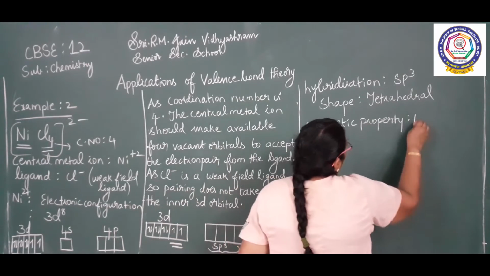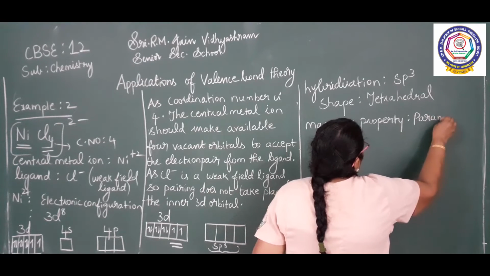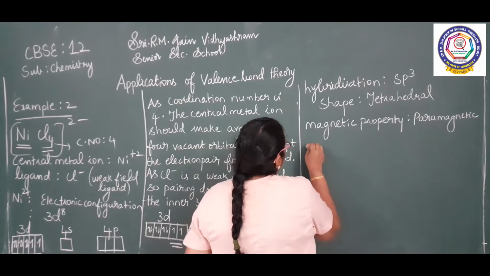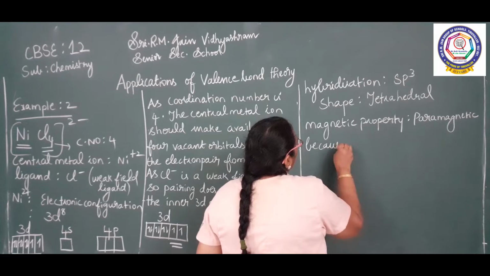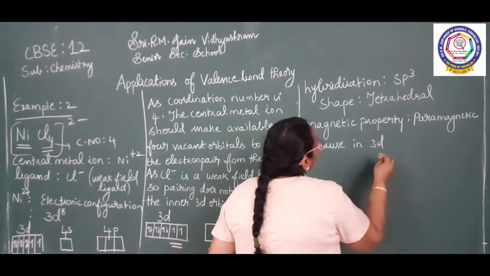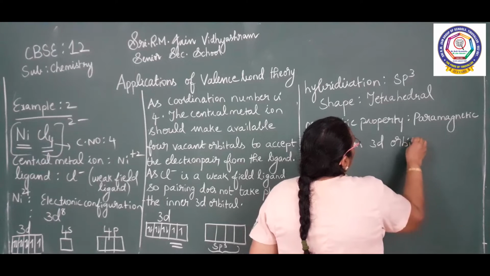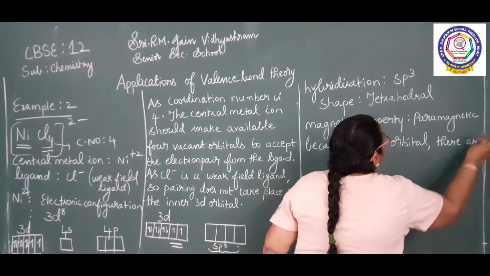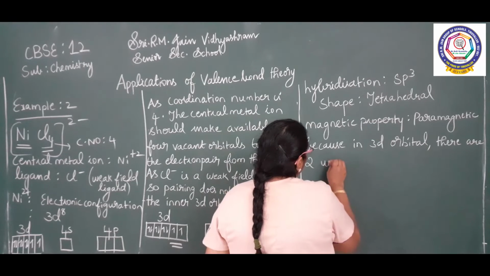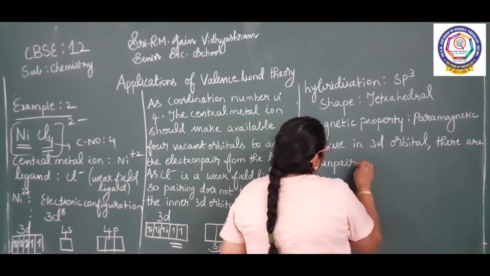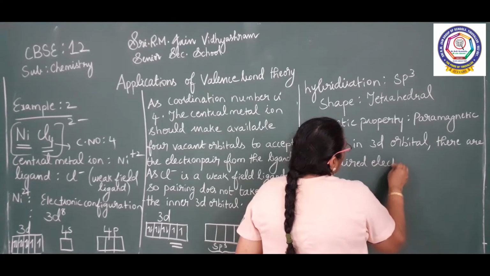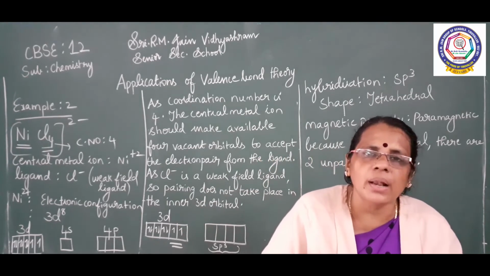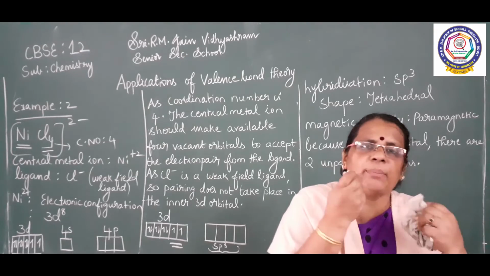It is paramagnetic, because in the 3d orbital there are 2 unpaired electrons. So it is paramagnetic in nature. If it is paramagnetic, what is possible? The magnetic moment is possible; mu can be easily found out.